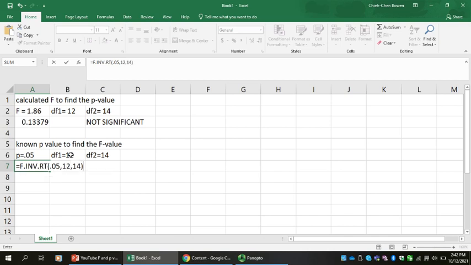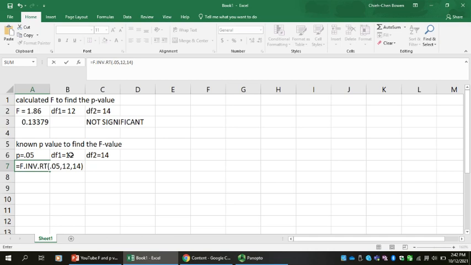Degrees of freedom really depend on what kind of numbers you're working with. So all these are just an example. You have to adjust to whatever numbers you have. So inverse, right tail, p equal 0.05, 12 is degree of freedom 1, and 14 is degree of freedom 2. Right parenthesis, close the operation.